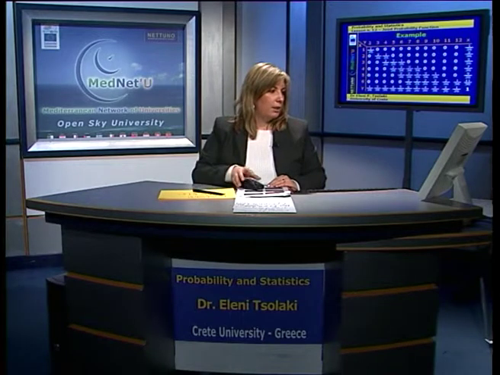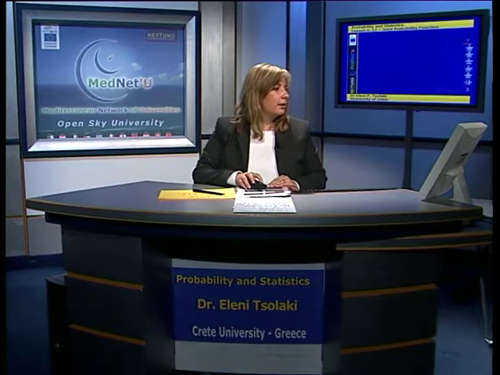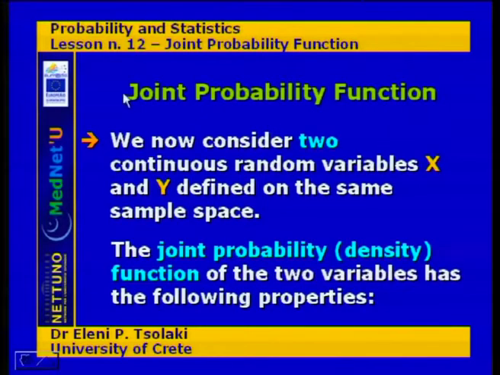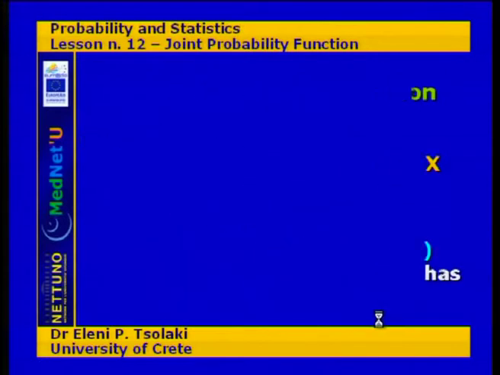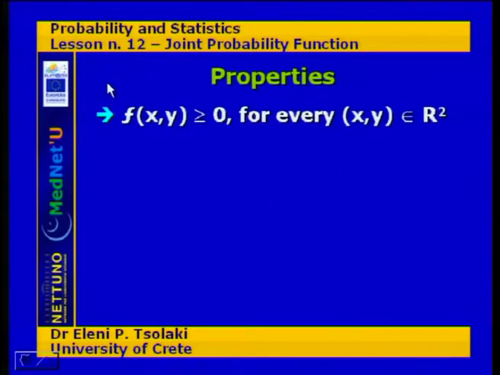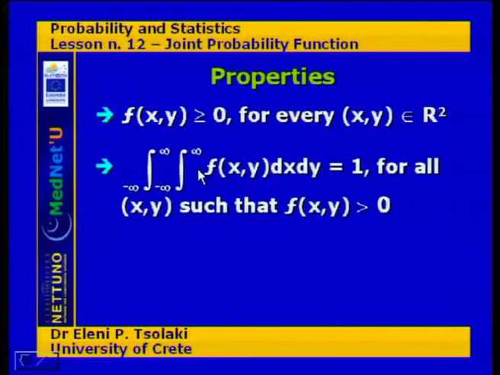So we go back to see the joint probability function of two continuous random variables this time. We have random variables x and y defined on the same sample space again, and their joint probability or joint density function should have the properties that it should be greater than or equal to 0 for every pair (x,y) in R squared.